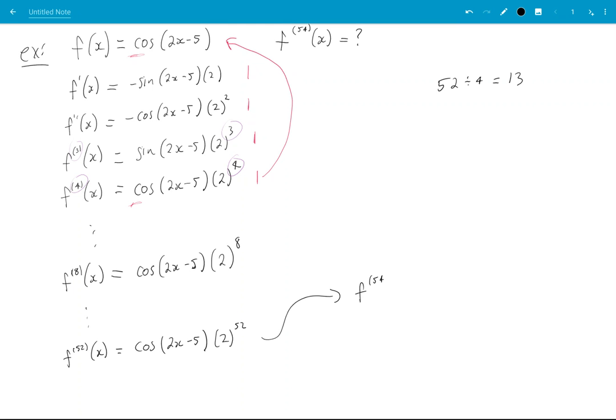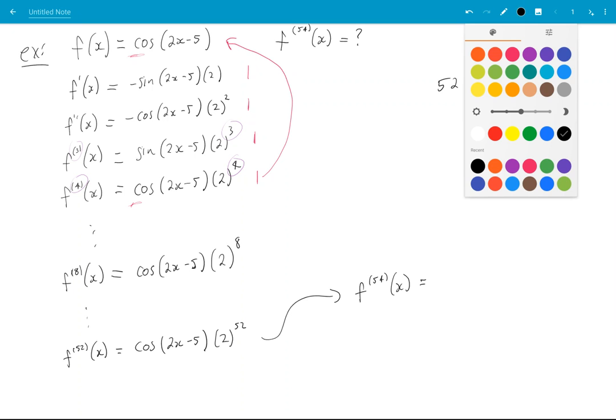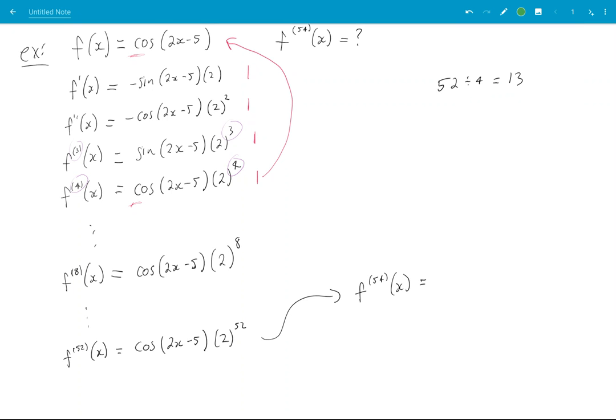So f to the 54 of x is going to be, well, if you follow my green pencil crayon here, 52 is like my original, right? It's like plus cosine. 53 would be minus sine, and then 54 is going to be minus cosine.